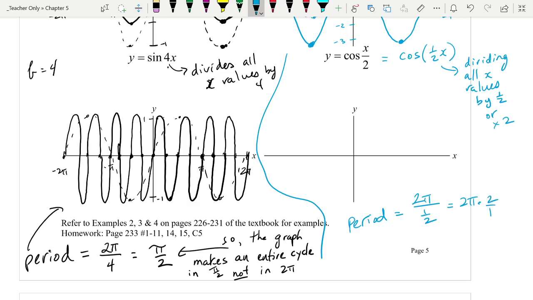That's how you divide by fractions, which is 4 pi. So this graph needs 4 pi to make 1 period. So it will not make an entire cycle in the graph that I'm looking at.